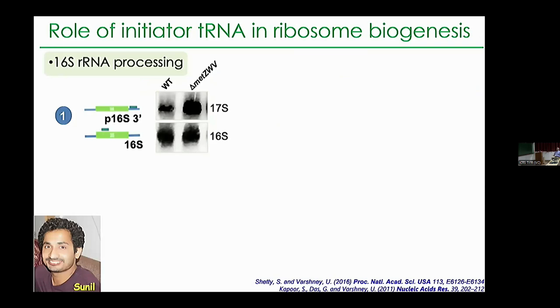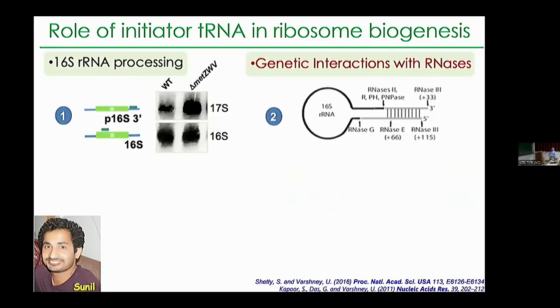And what you notice is that in the deleted strain, he finds more of the 17S rRNA, which is there because of these extensions. That means in the absence or limitation of initiator tRNA, this final trimming does not happen.